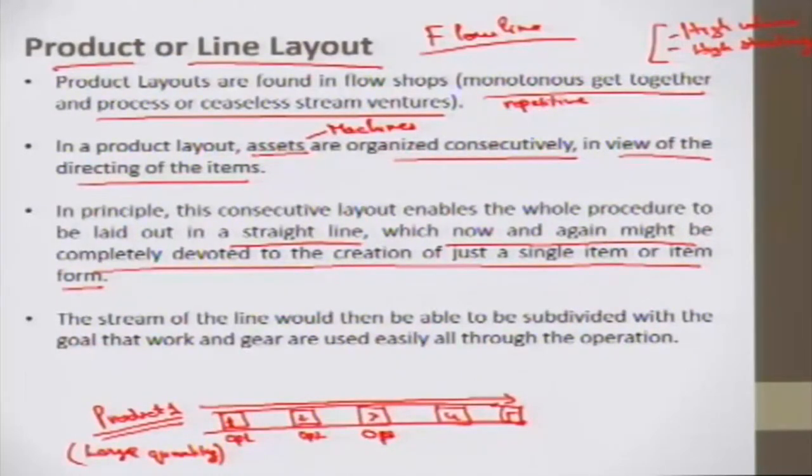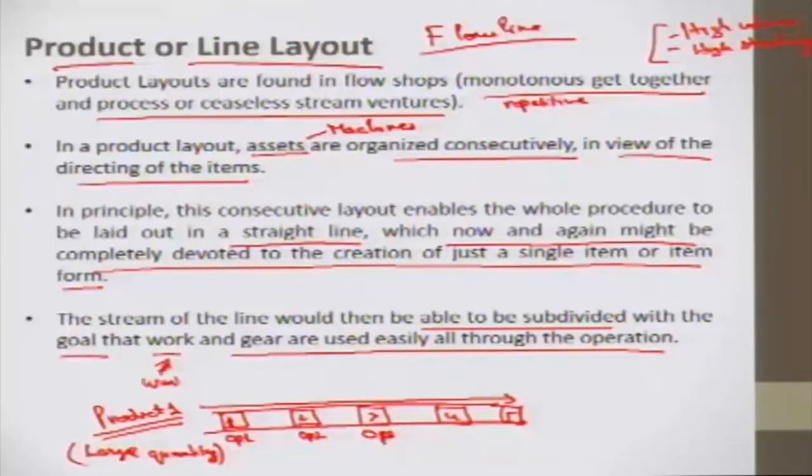The stream of line would then be subdivided so that work and gear are used easily all through the operation. So here work and gear means the workers and equipment or machines.